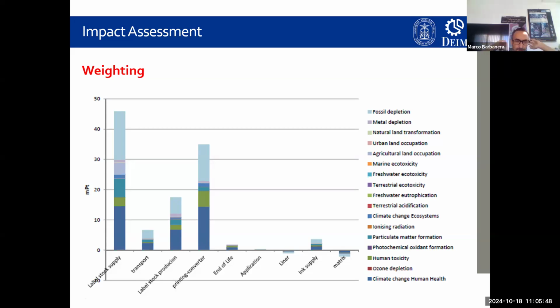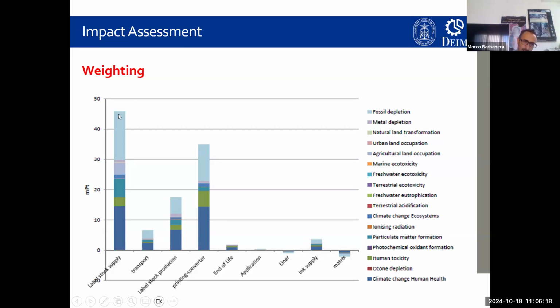In this example, we can see the different stages of the life cycle of this kind of product, and with different colors, we can see the different impact categories considered by this method.